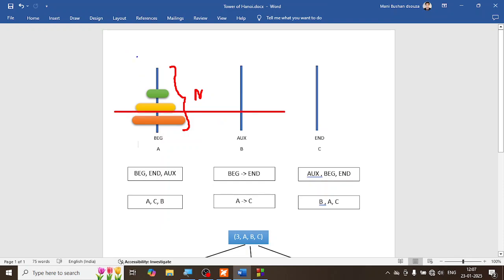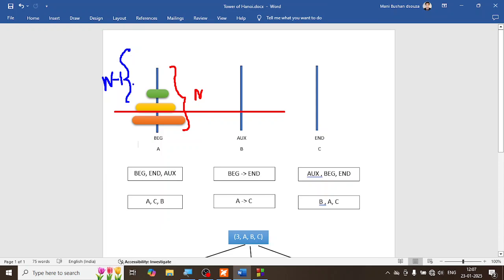Take all the remaining disks. If there are n disks and you leave one, how many will be remaining? N minus 1. Because you are reserving this one, you don't touch the last one. Any number of disks may be there, 2, 3, 5, 10, out of which leave the last disk.